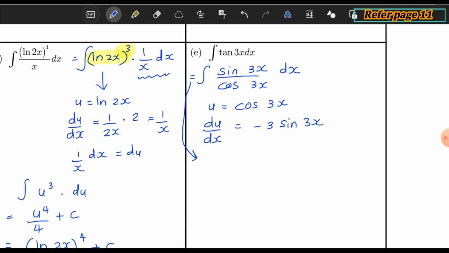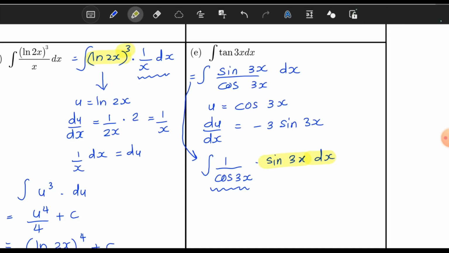And if I rewrite the function, I will get integrate 1 over cos 3x first. This function is related to u, and times sine 3x dx. For the second function, we have sine 3x dx. For the derivative, we have negative 3 sine 3x. And on the left, we have over dx.